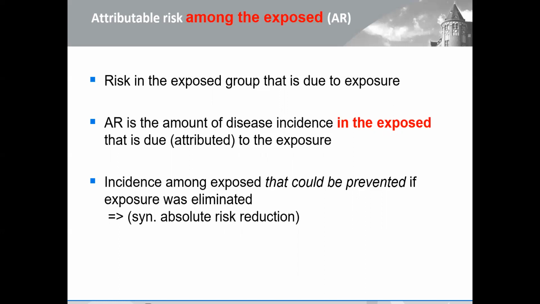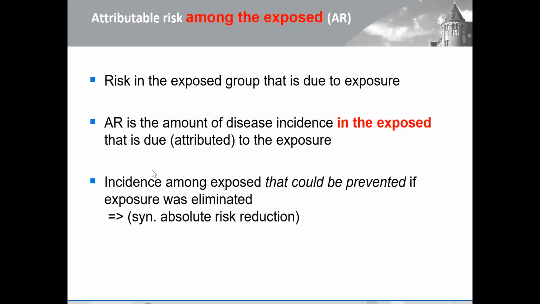But usually, as I mentioned, if what you're exposing people to is a risk factor, you expect to have a difference between the exposed and unexposed. That difference is the attributable risk. In other words, it is the amount of disease incidence in the exposed that is due or attributed to the exposure.